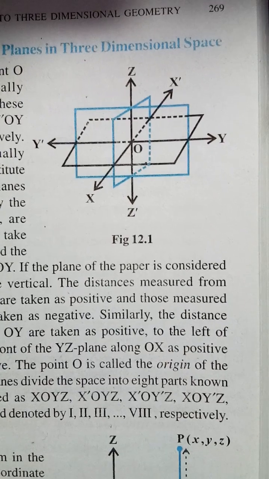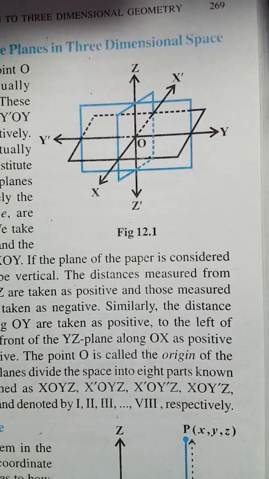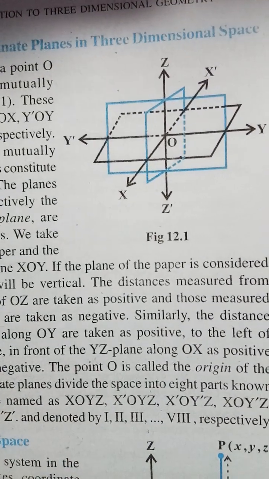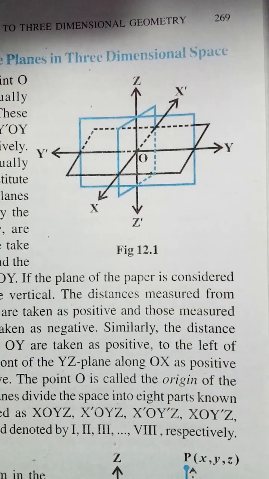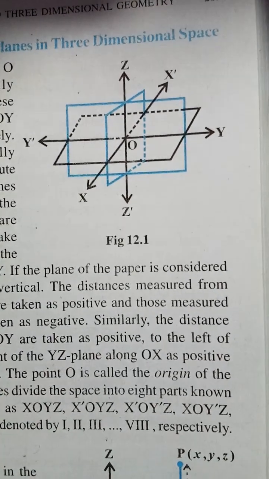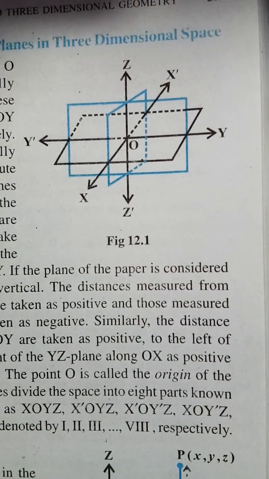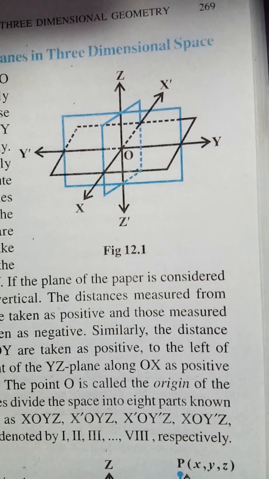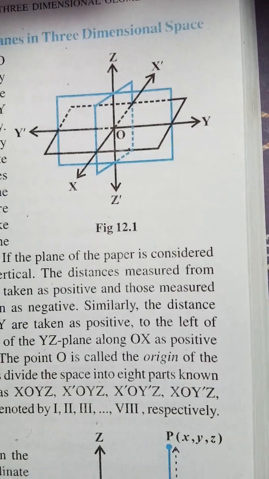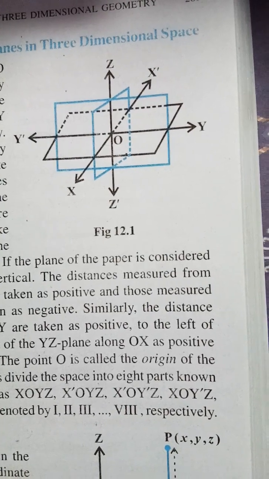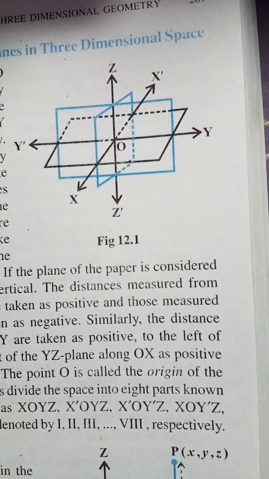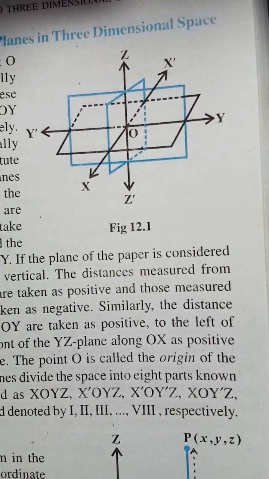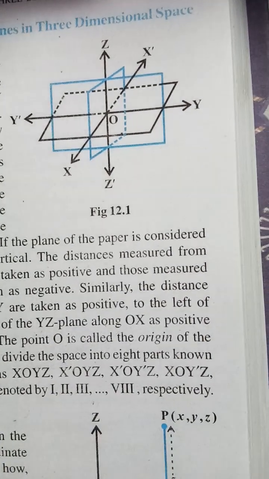Figure 12.1 and the subtopic 12.2, coordinate axes and coordinate planes in three-dimensional space. Consider three planes intersecting at a point O such that these three planes are mutually perpendicular to each other. In Figure 12.1, these three planes intersect along the lines X'OX, Y'OY and Z'OZ, called the x, y and z axes respectively.